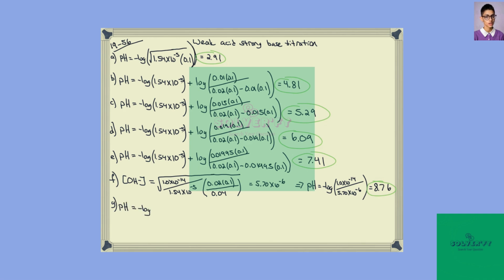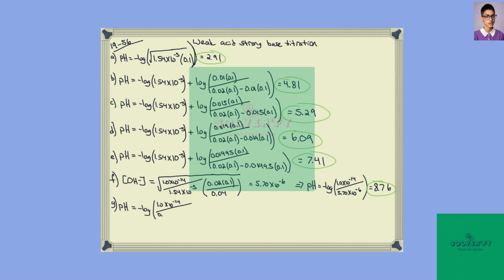Now for Part G, we are just past the equivalence point at 20.05 milliliters, so we have excess strong base in solution. The excess strong base in solution can be used to calculate the excess hydroxide concentration. So pH will be equal to the negative log of the hydronium concentration, where the hydronium concentration is the hydroxide concentration divided into Kw.